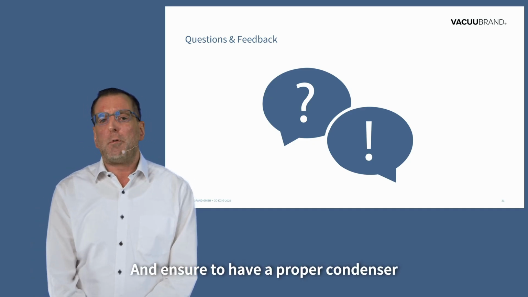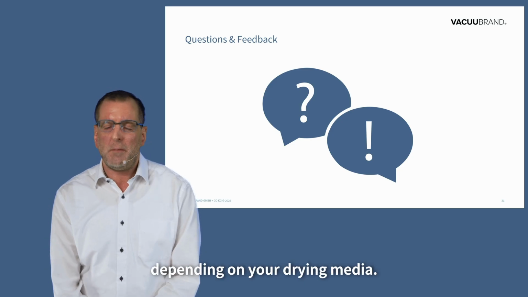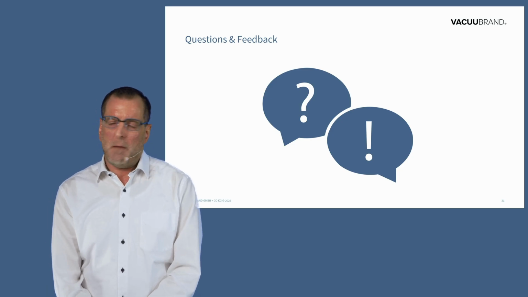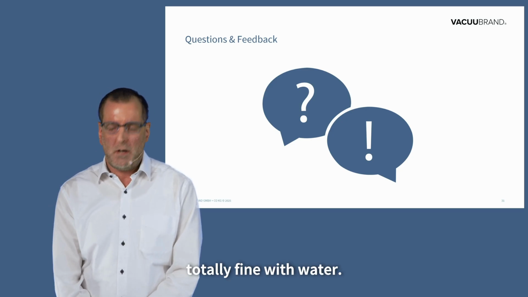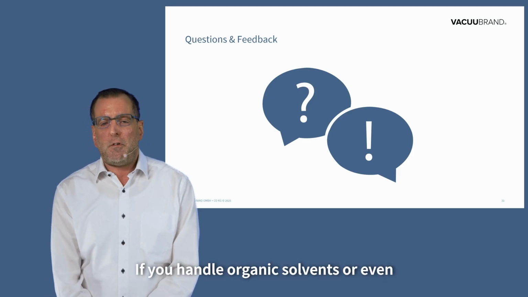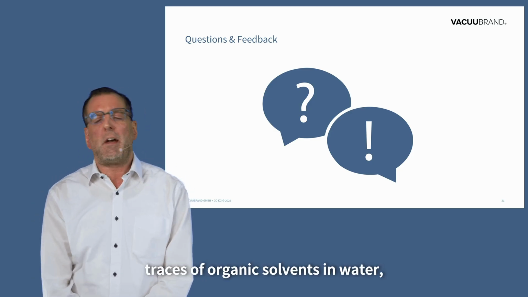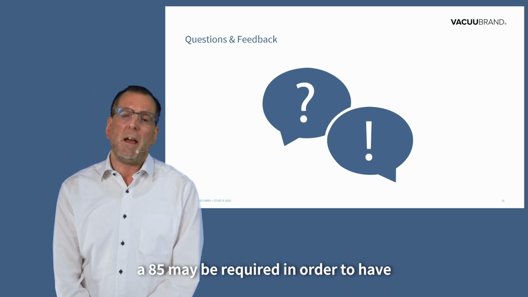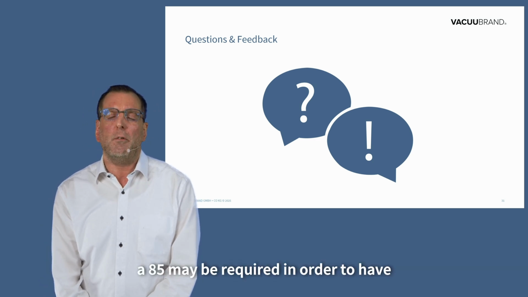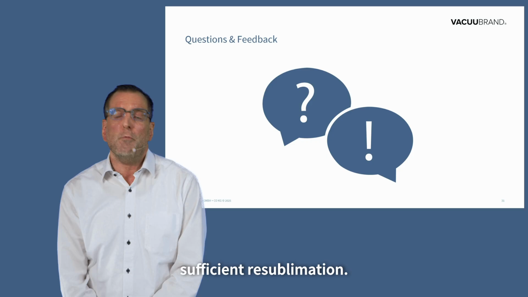And ensure to have a proper condenser depending on your drying media. A -55 condenser is totally fine with water, if you handle organic solvents or even traces of organic solvents in water, a -85 may be required in order to have sufficient resublimation.